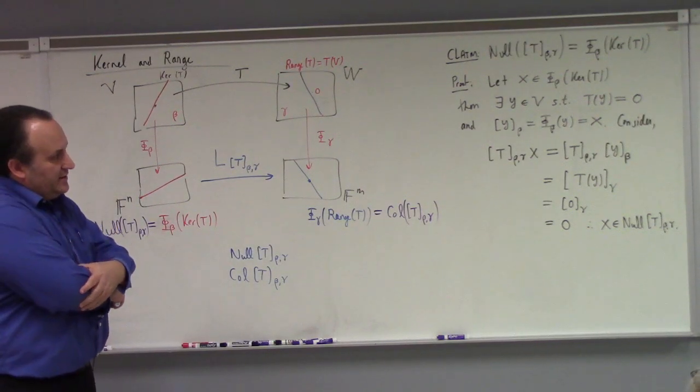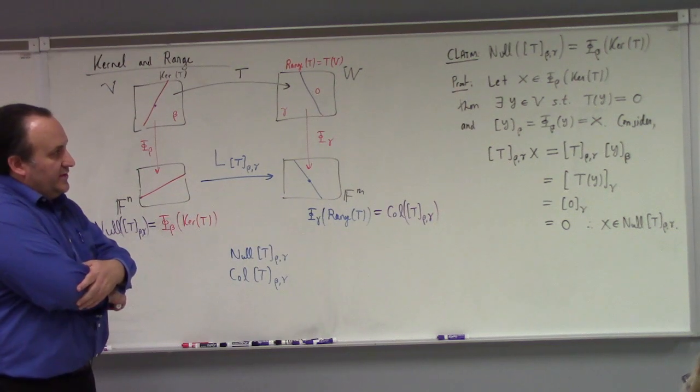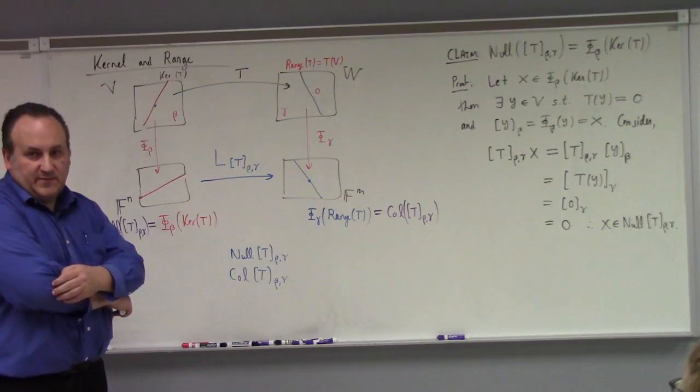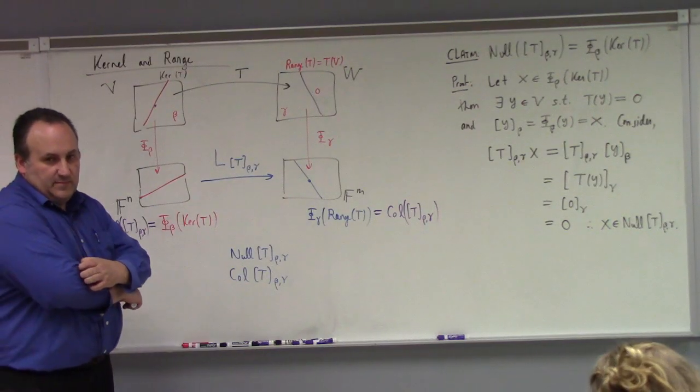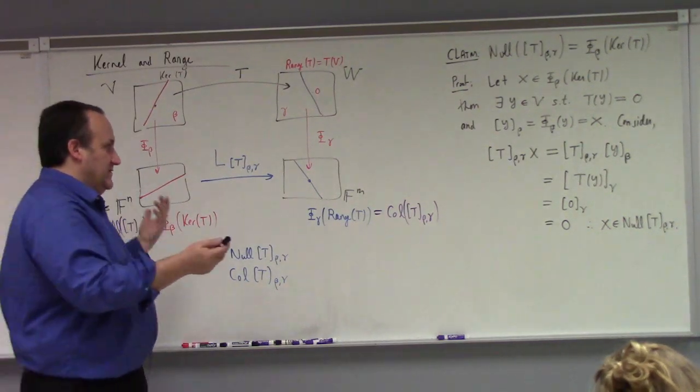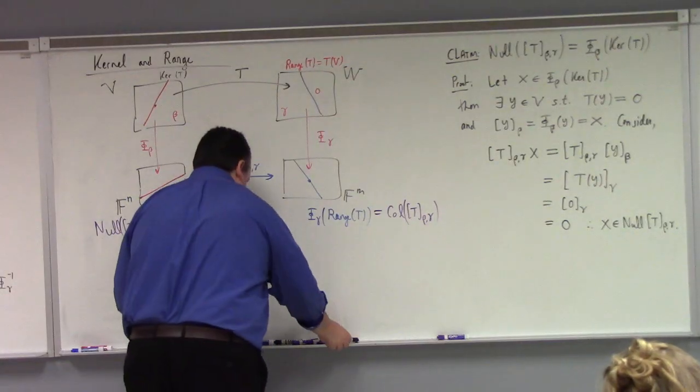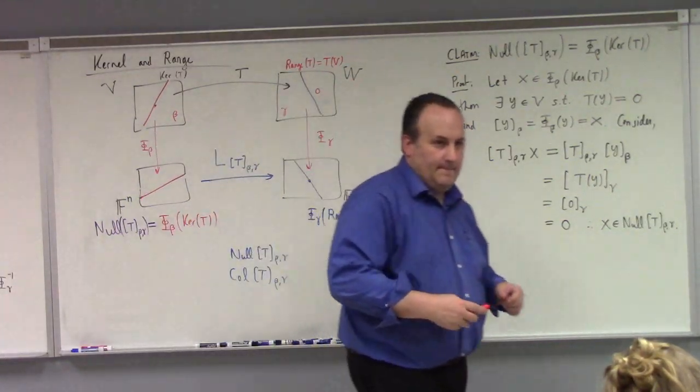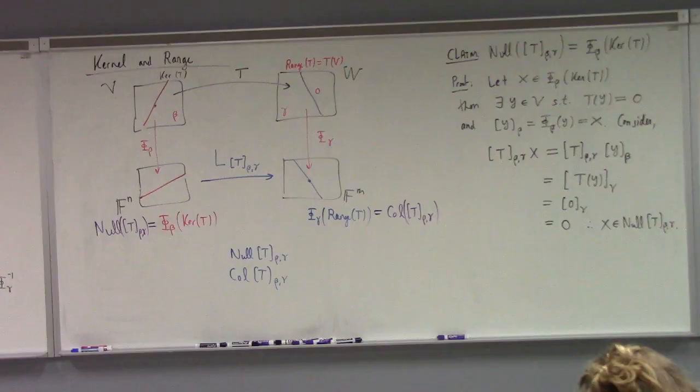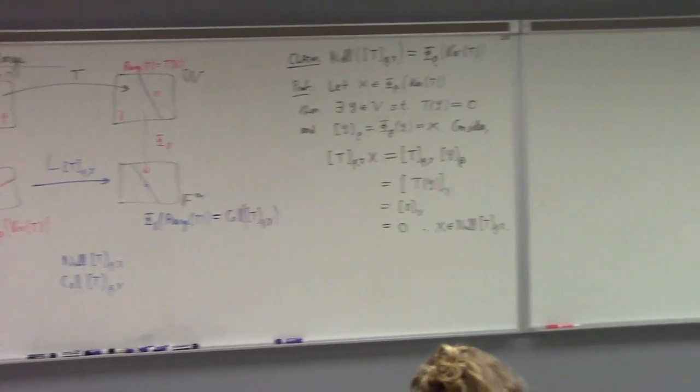So that shows you that, of course, the image is a subset of the null space, right? So to prove the equality, what else do we need to do? Go the other way, right?